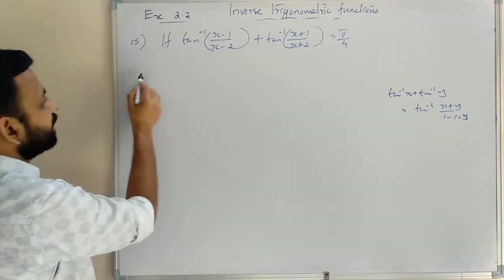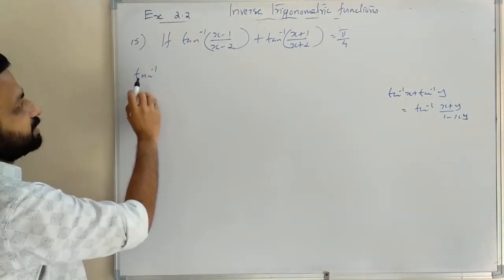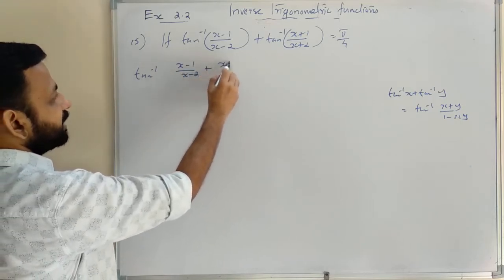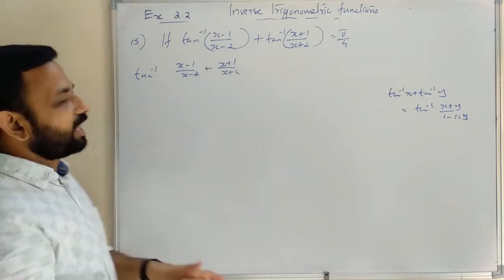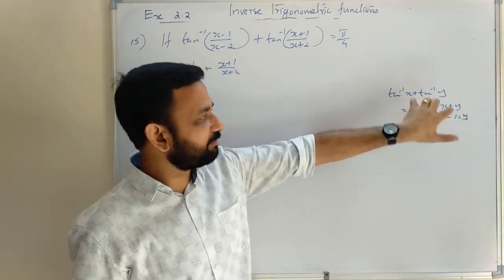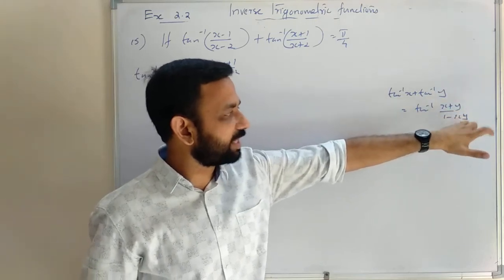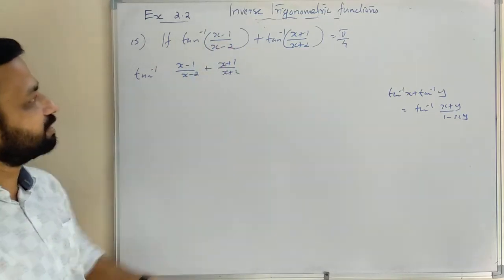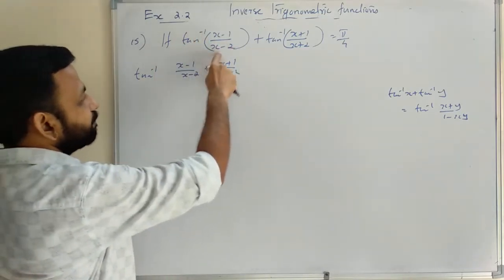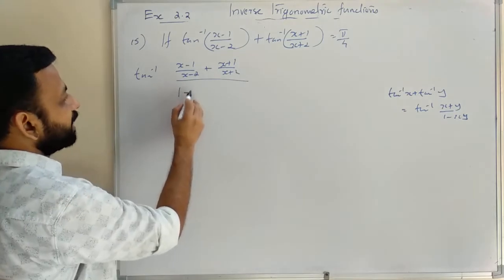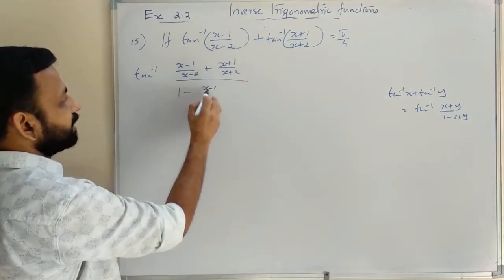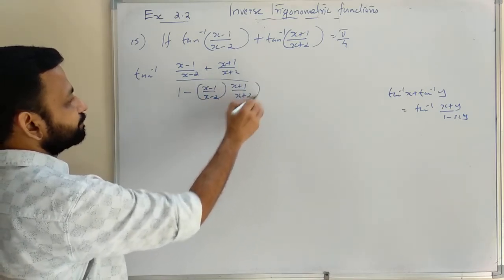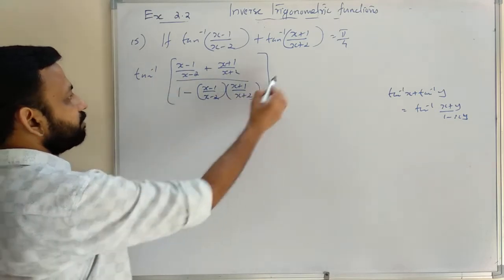When we use that formula, we can write the LHS as tan inverse of this one plus this one divided by 1 minus the product of them. That is x minus 1 upon x minus 2 into x plus 1 upon x plus 2, equal to pi by 4.